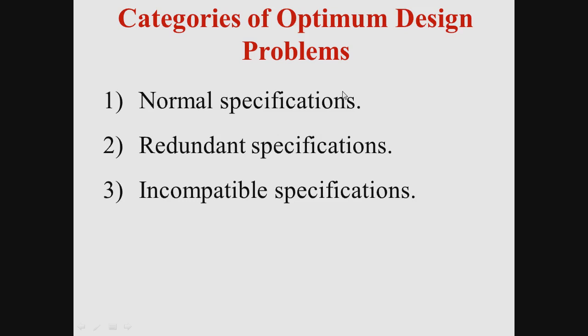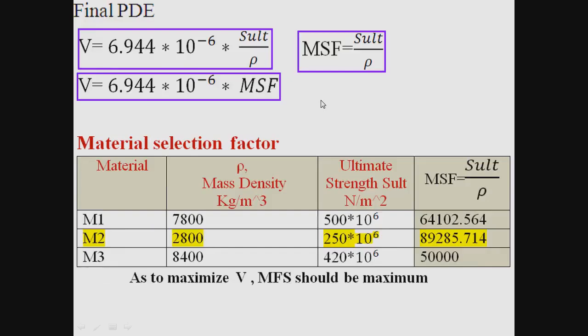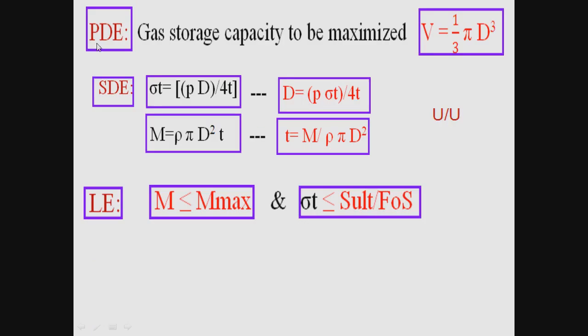Normal specification problem means, suppose we have formed the primary design equation and the secondary design equations. If we are able to substitute the secondary design equations in the primary design equations, it is called normal specifications. Suppose the secondary design equations do not have the diameter notation, so we cannot substitute in the primary design equations.